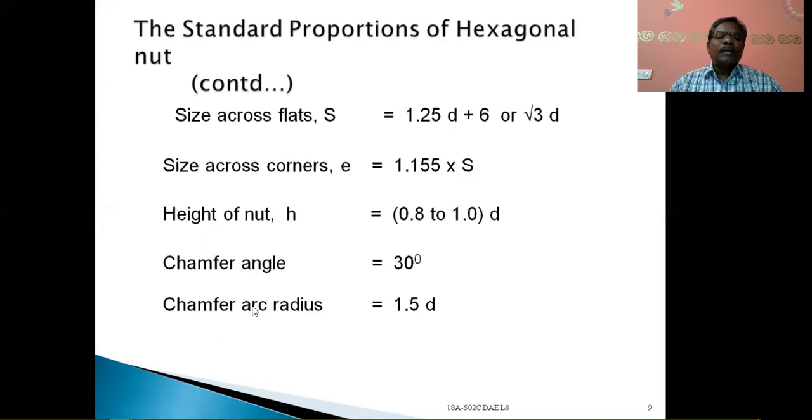The chamfer arc radius is 1.5D. That means size across flats S is equal to 1.25D plus 6 or under root of 3D, and size across corners E is equal to 1.155 into S, and the height of the nut is 0.8 to 1D, chamfer angle 30 degrees, and chamfer arc radius is 1.5D. These proportions we must remember, and these are the standard proportions.